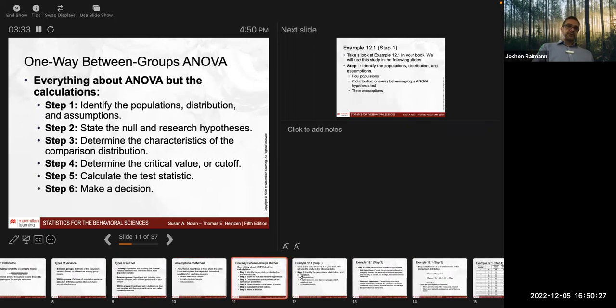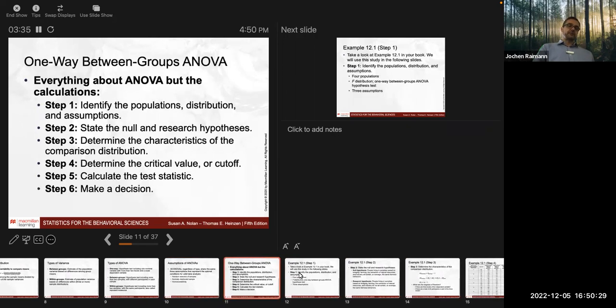The steps of hypothesis testing are the same for the ANOVA as they are for the other hypothesis tests. The key is really that when you calculate your test statistic, you're comparing it against a critical value that we have read from the F score table. So you're calculating an F now rather than a T or a Z, and you're comparing this F against your critical value.